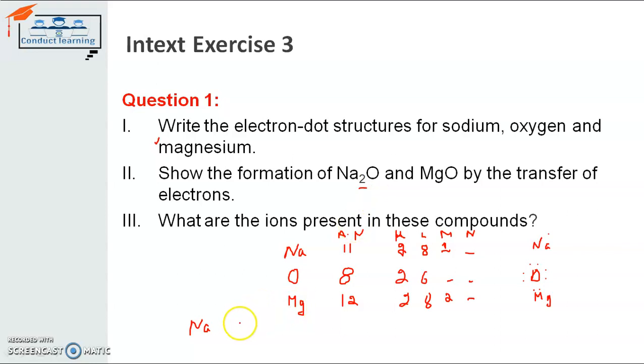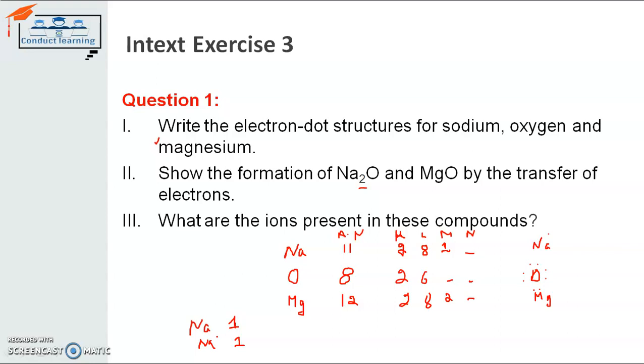For sodium, the electron it can give is only 1, but 2 atoms are there, so the combination of Na2 can give 2 electrons in total, because a single sodium atom can give 1 electron, but the 2 sodium atoms can give 2 electrons. So the 2 sodium atoms will give 2 electrons to oxygen.